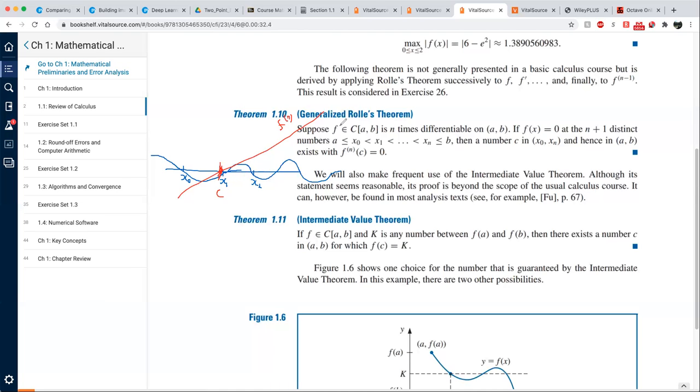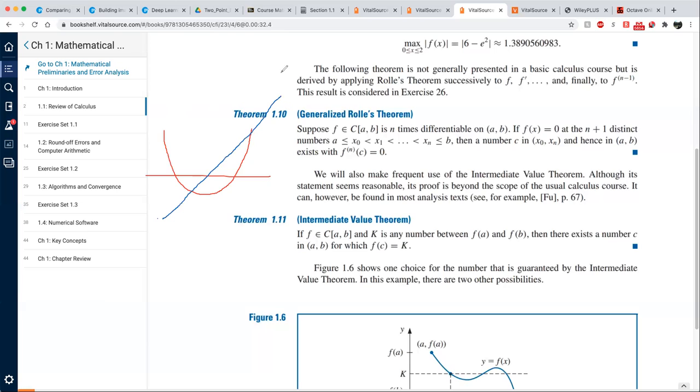Now that's the generalized Rolle's theorem. It makes sense. Let me just give you an example. Just think about a quadratic function. We know the derivative of f is going to be like this.